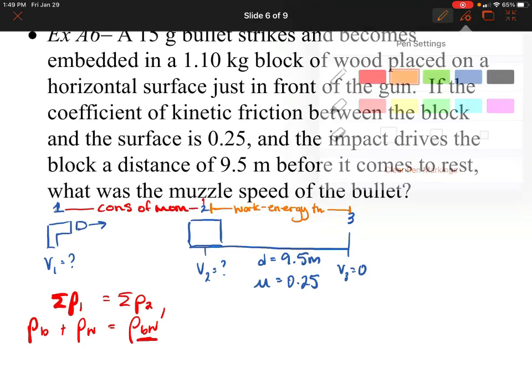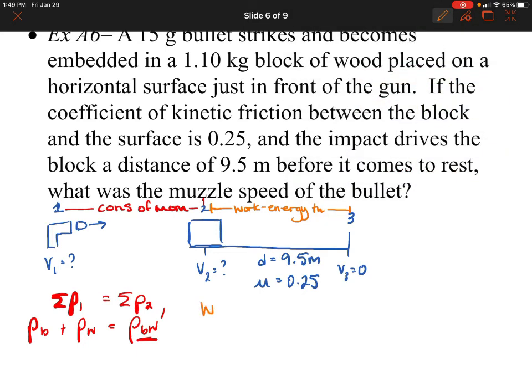Okay, so let's start with our work energy theorem, just really quickly, remembering that that is the work done by the applied force plus all my initial energies should equal all my final energies plus the work done by friction. Okay, and then keeping in mind we have no really applied force.